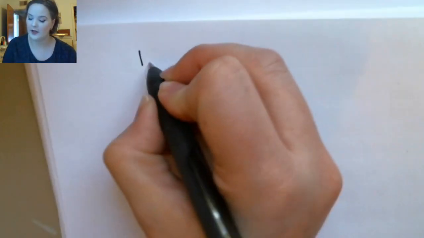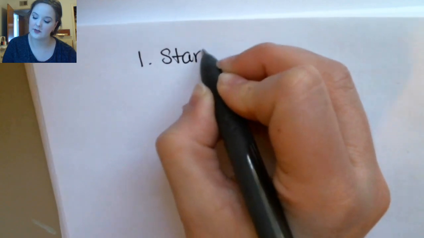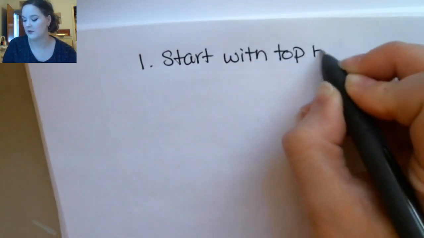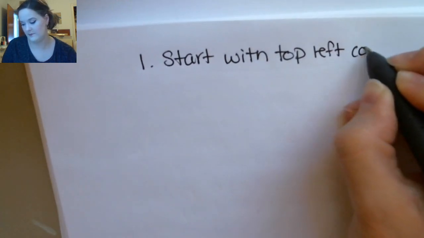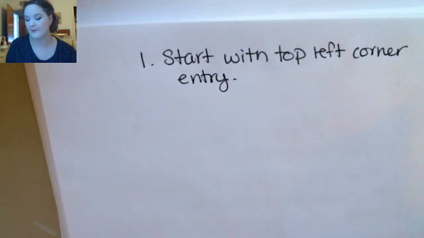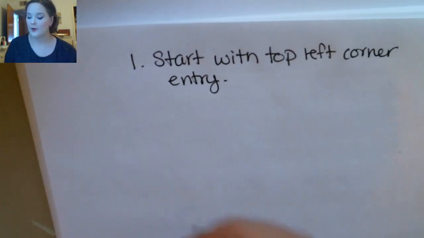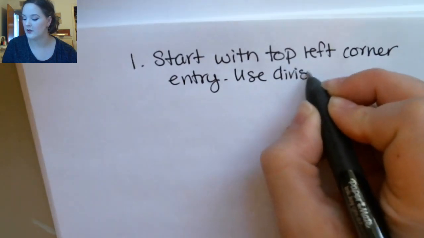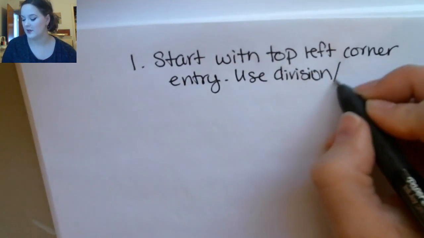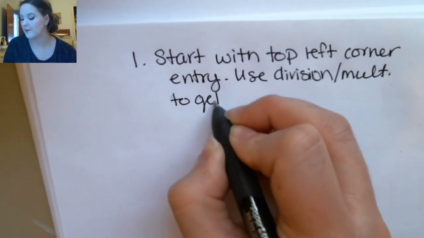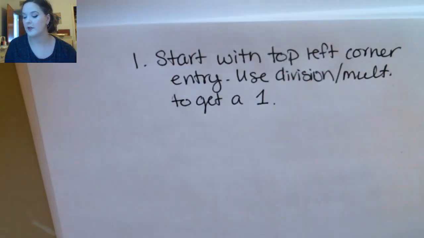All right, so let's talk about how we're going to get it into that form, because Gaussian elimination is actually very specific. So the first thing you're going to do is start with the top left corner. You are going to use division or multiplication to get a 1.